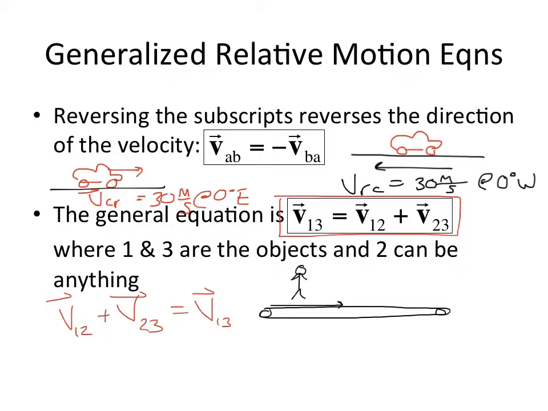Okay, and you're walking over that at 2 meters per second. Okay, so the velocity of the person to the, what are we going to call it? The conveyor belt. Okay, to the conveyor belt equals 2 meters per second.